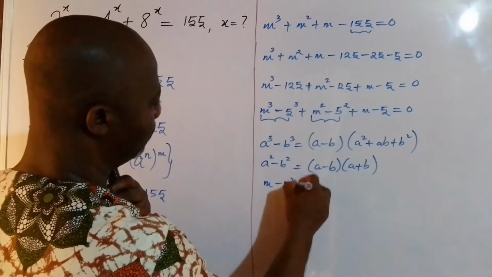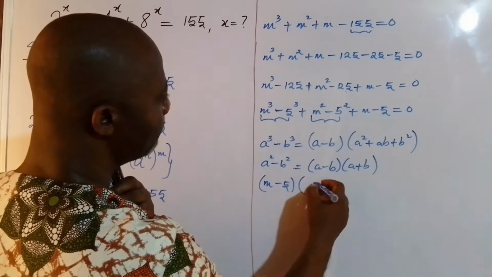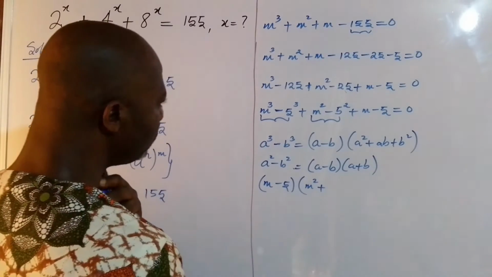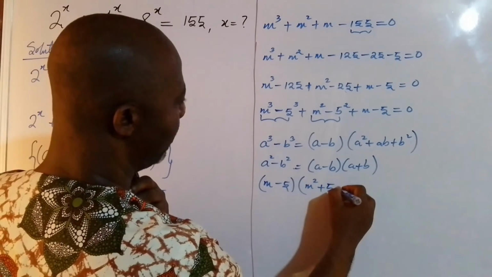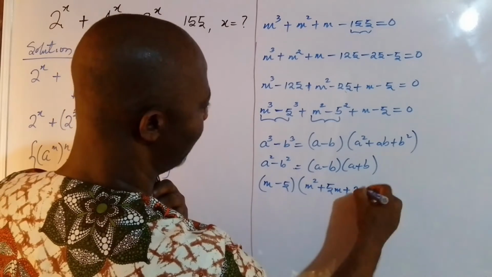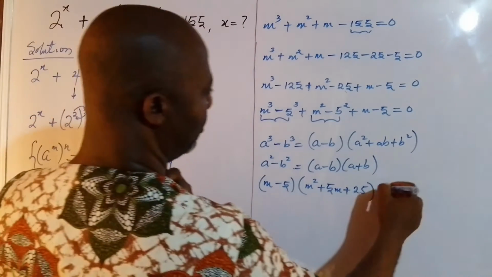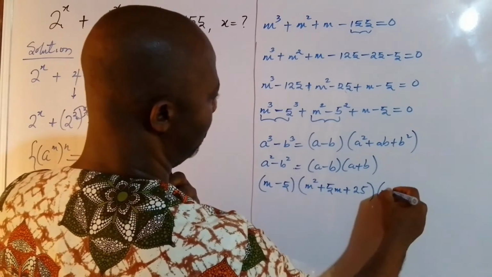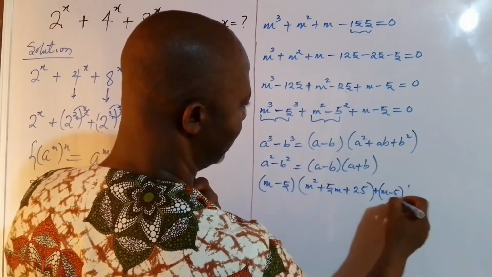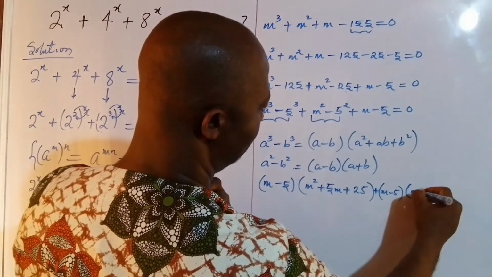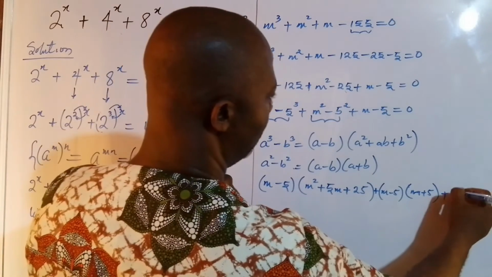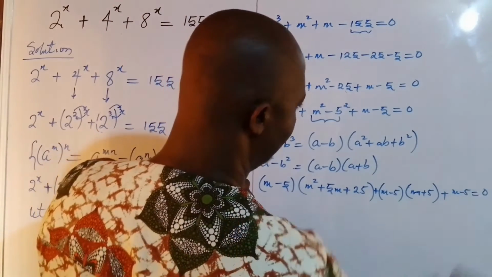And so the equation now becomes m minus 5 times m squared plus 5m plus 25, times m minus 5. Okay, this is going to be plus now. Sorry about that. m plus 5, then plus m minus 5, all equal to 0.